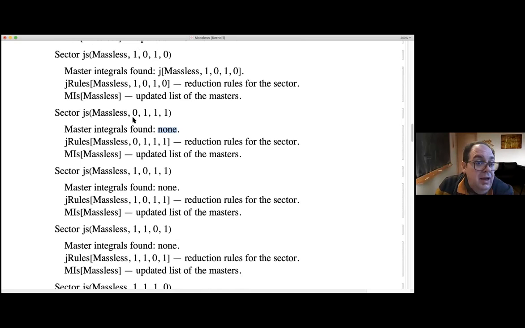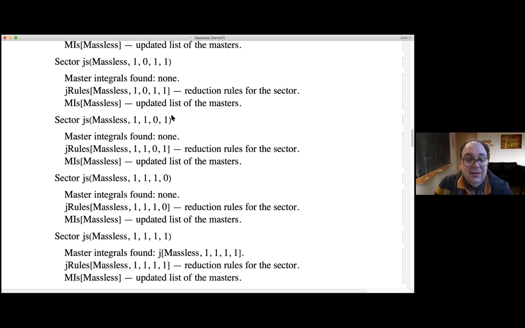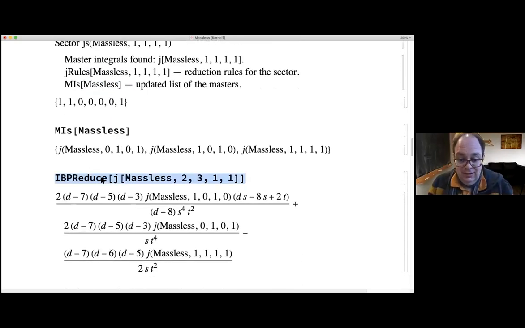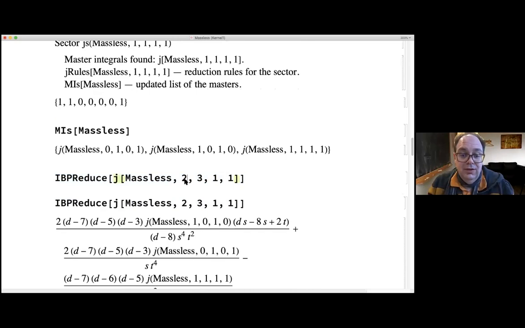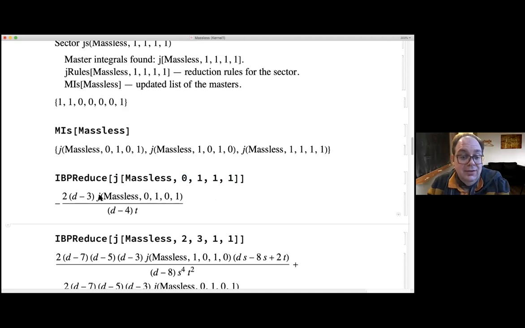And it just turns out that the code would tell you that, well, let's look at what it is. Maybe that is more instructive. For example, you wanted a 3-point function. This would be a 3-point function because 1 propagator is absent. And what do you get? You see that this thing is actually proportional to a 2-point function.